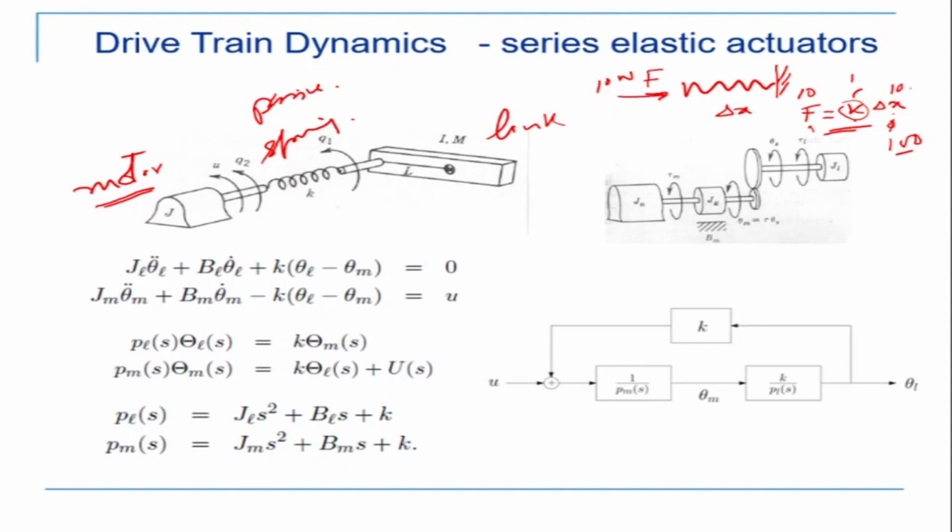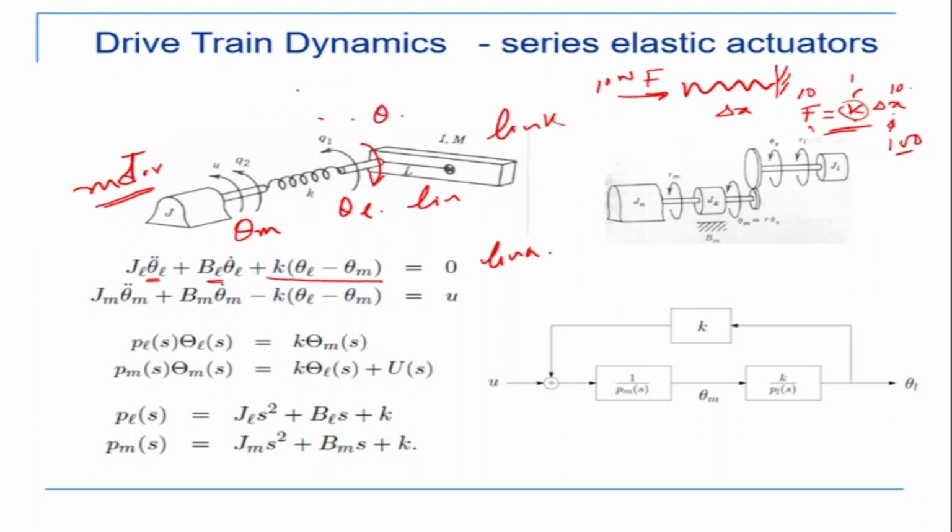We have two equations. One equation is from the link side. So link inertia into acceleration, where theta L is the link side and theta M is the motor side angle. So theta L double dot is the acceleration of the link, plus damping into the angular velocity, plus k into theta L minus theta M. What is the effective deflection here?